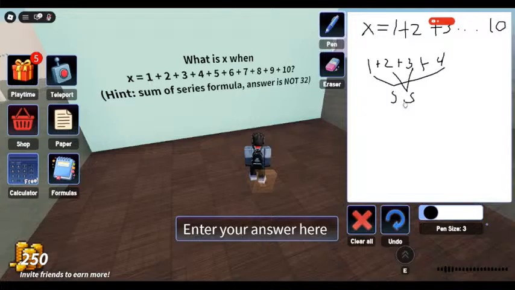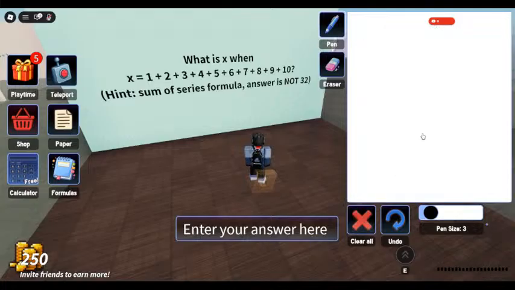So technically we can just get the sum of first and last and divide the count of the numbers, which is 10, and then times them together. Here x is 1 to 10, so 1 plus 10 is 11, and the count of numbers here is 10 divided by 2.